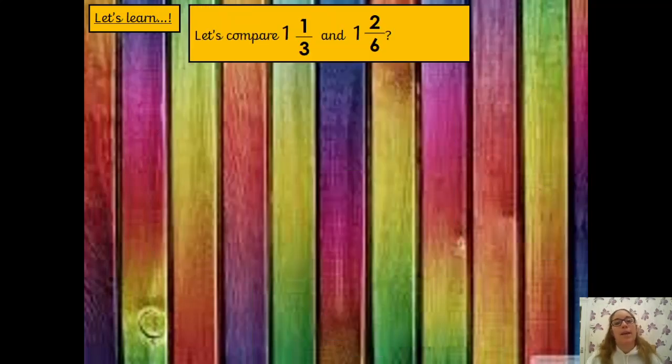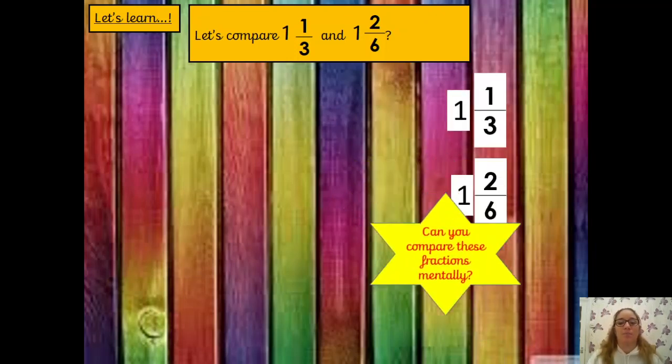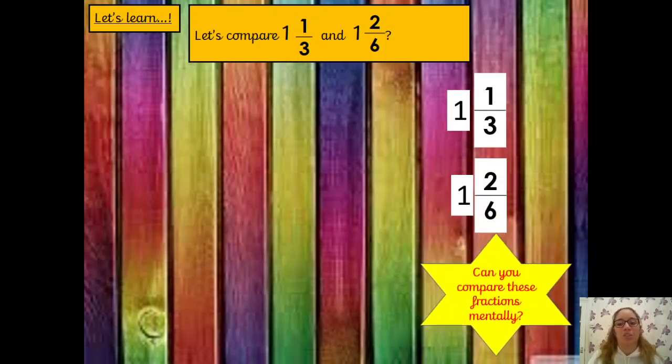So let's compare 1 1/3 and 1 2/6. Can you compare these fractions mentally? Look closely at the numbers. Pause the video if you're in the bubble. Go as slow as you like or as fast as you like, and if you're at home, really take your time to think about these.